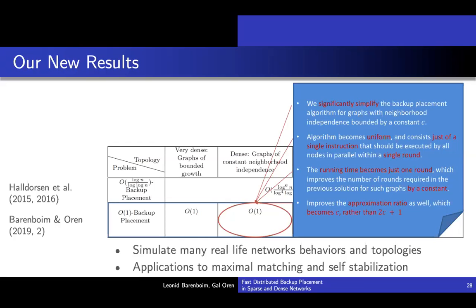The running time becomes just one round, which improves the number of rounds required in the previous solution for such graphs by a constant. And most importantly, we improve the approximation ratio as well, which becomes C rather than 2C plus 1. Later, we will also show how those improvements can be considered as a natural relaxation of the perfect matching problem.